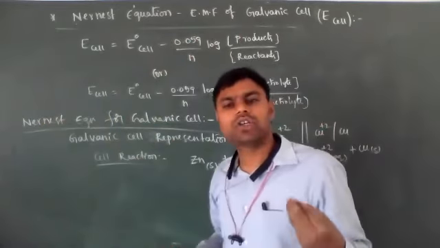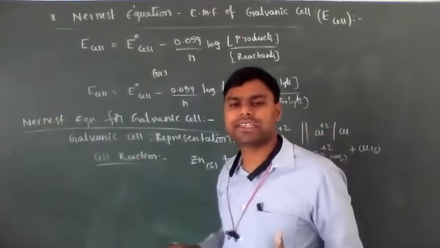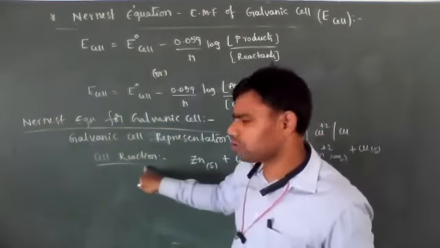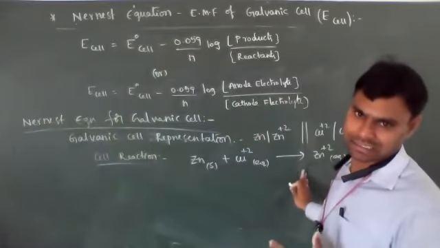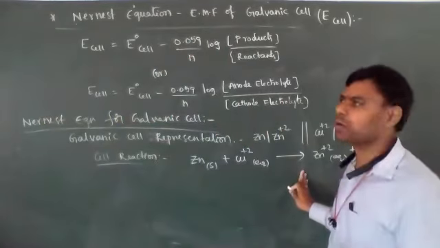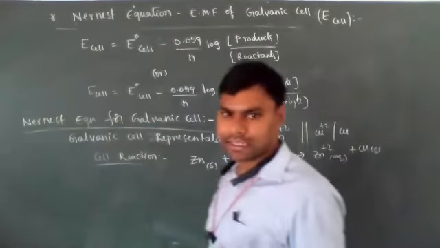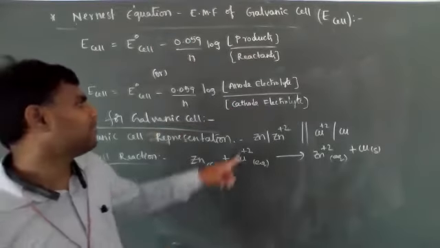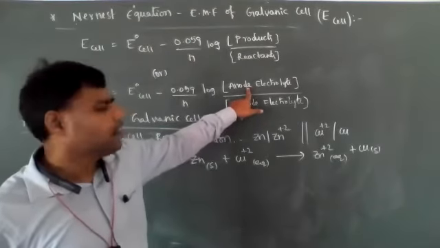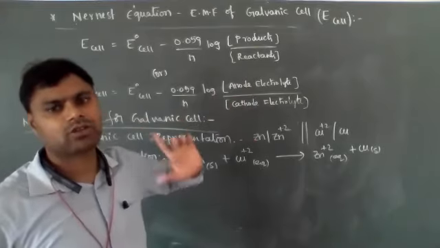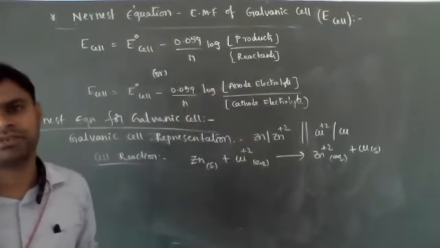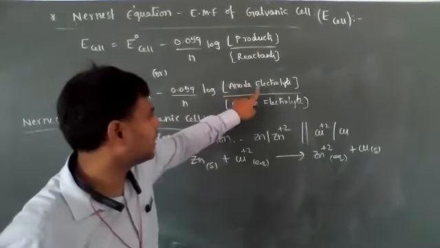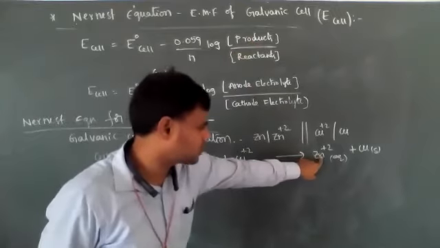To apply the Nernst equation, we must know the cell reaction. If you know the cell reaction properly, then we can write the product concentration and the reactant concentration very easily. Otherwise, you have to remember anode concentration by cathode electrolyte concentration, because the anode electrolyte concentration comes under the product side.